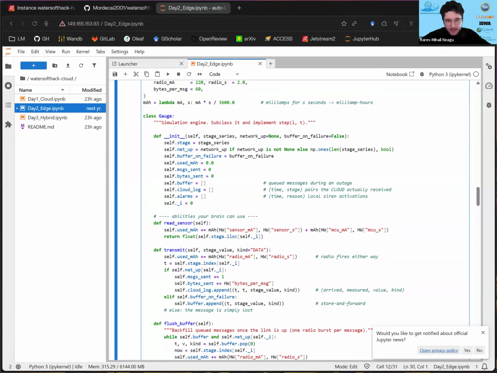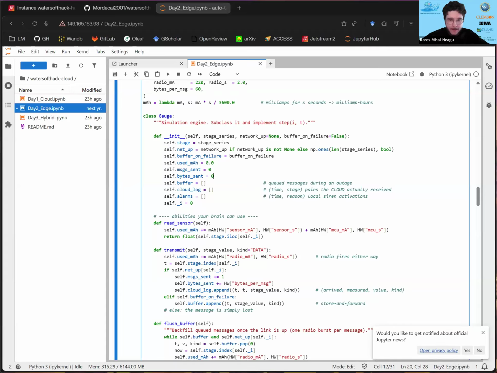So the Gauge class is going to define the blueprint for the gauge object. This function here is the standard function in Python for creating a class. In object-oriented programming we call it a constructor. Once it runs, you create a gauge and set up its starting state, and self here refers to the actual object that we are creating.